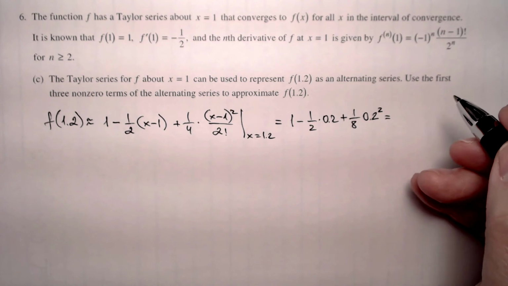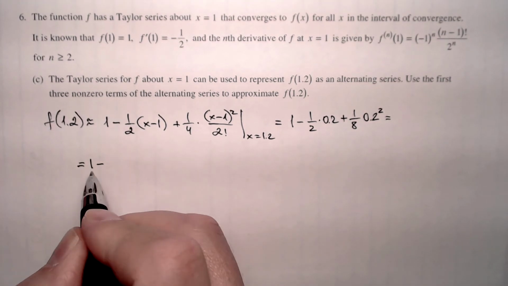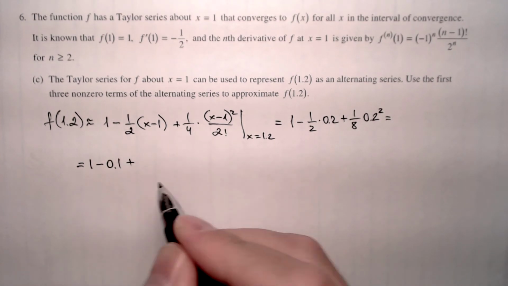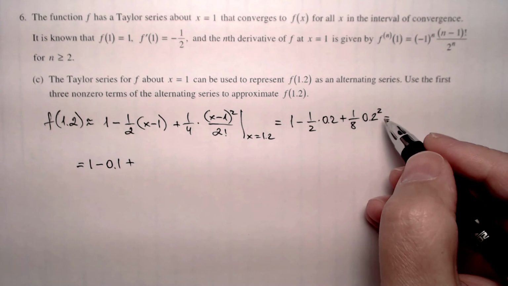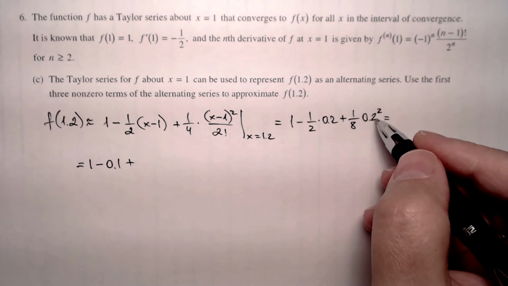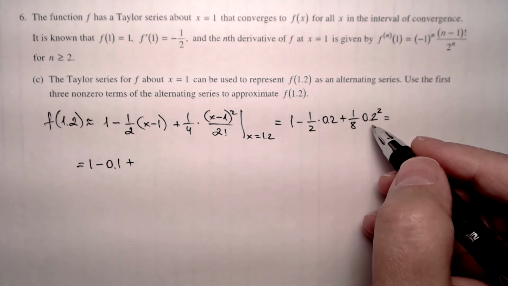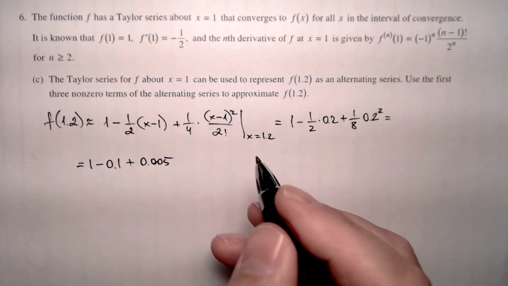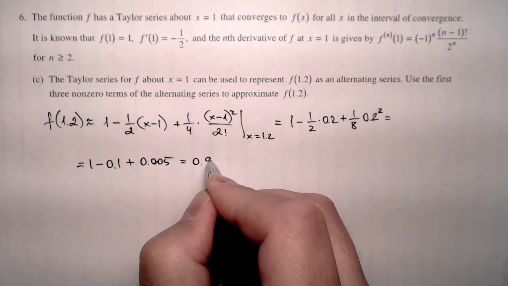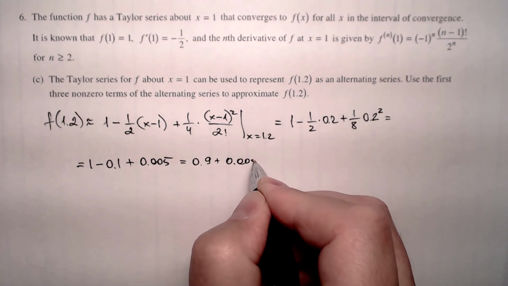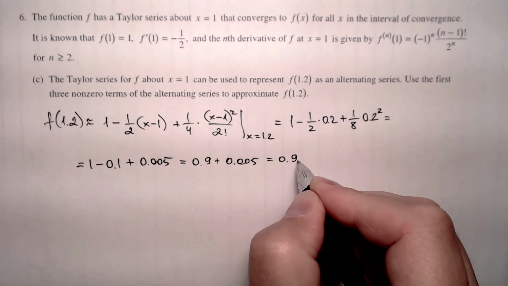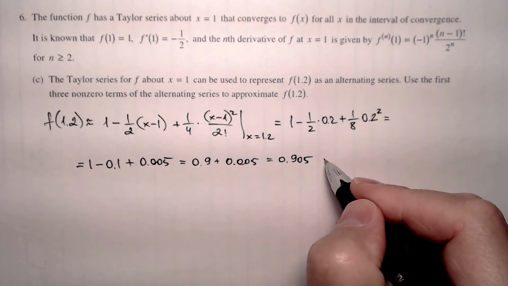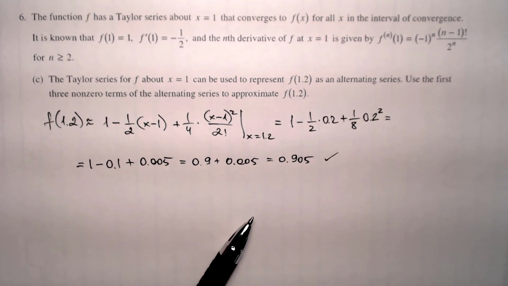And so this is equal to, simplifying, 1 minus 0.2 over 2, which is 0.1, plus 0.2 squared is 4 over 100. 4 over 8 is 0.5. 0.5 over 100 is 0.005. So this is 0.9 plus 0.005, which is 905 thousandths. And this is our final answer.